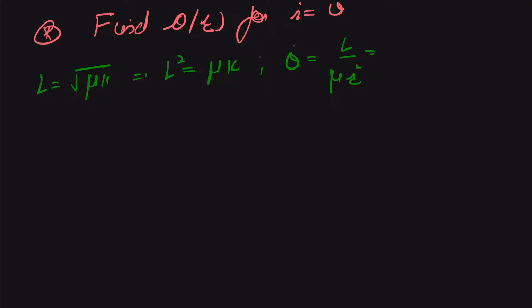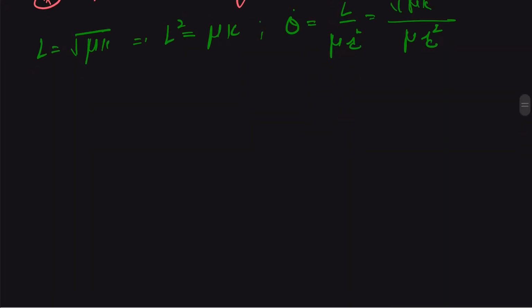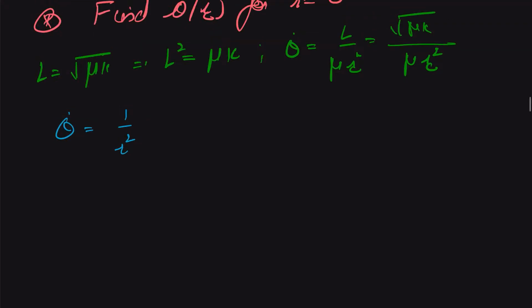We substitute the value of our angular momentum L, which comes as the square root of mu k, divided by mu r square. Therefore, our theta first derivative will be equal to 1 upon r square times the square root of k upon mu.